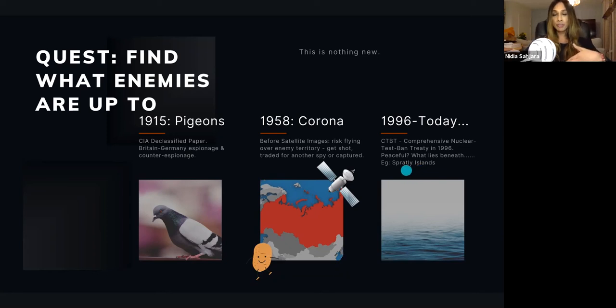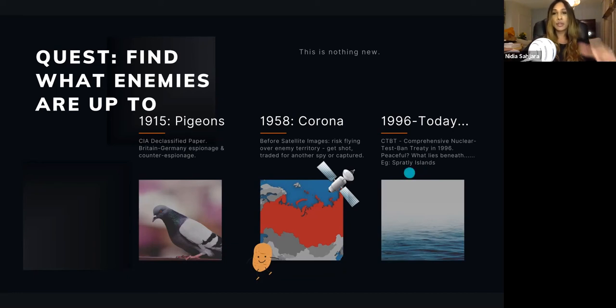There's this region in the South Asian Sea called the Spratly Islands that China claims, but it's not really theirs. And they want to restrict people from doing surveillance there. One of the possible things they can be doing is low intensity nuclear testing.